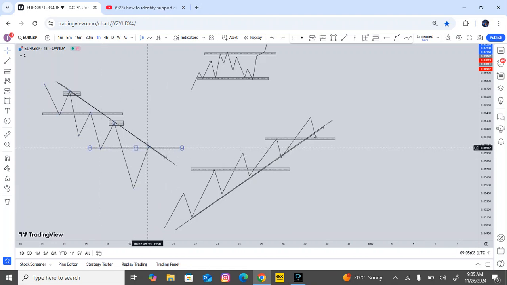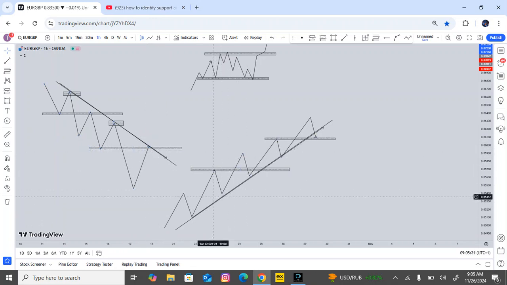Now price is coming back to your trend line, making it the third touch, and also coming back to this resistance. That's a great trading opportunity because you have two confluences right there. That's an opportunity to go short on this trade.